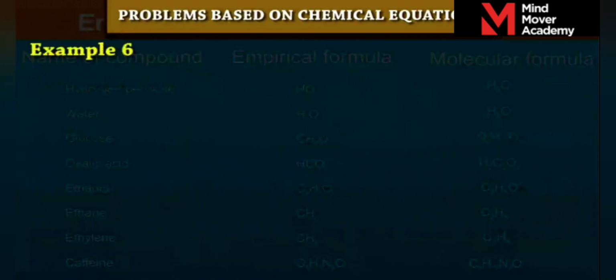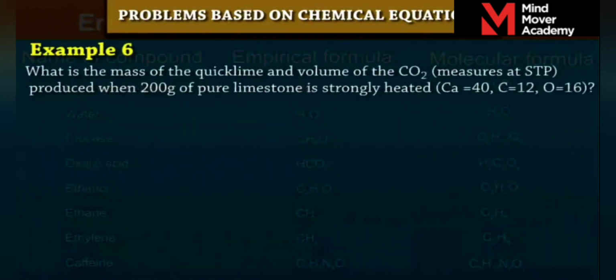Let's take an example. What is the mass of the quicklime and volume of the carbon dioxide measured at STP produced when 200 grams of pure limestone is strongly heated? Calcium is equal to 40, carbon is equal to 12, and oxygen is equal to 16. Let's solve this.